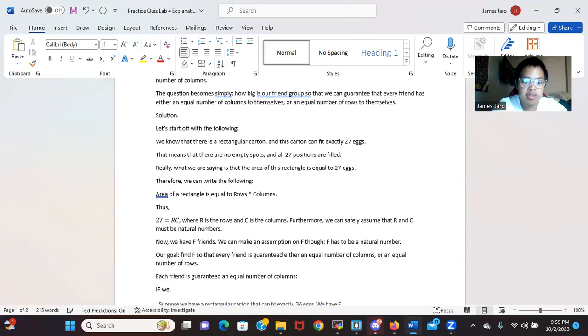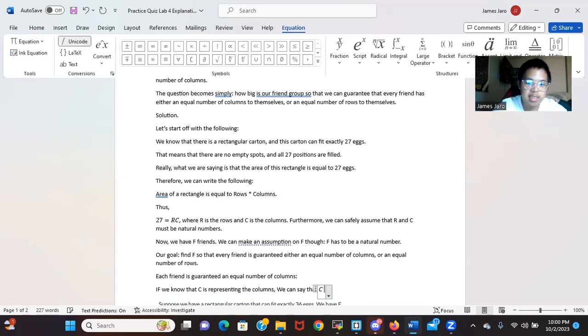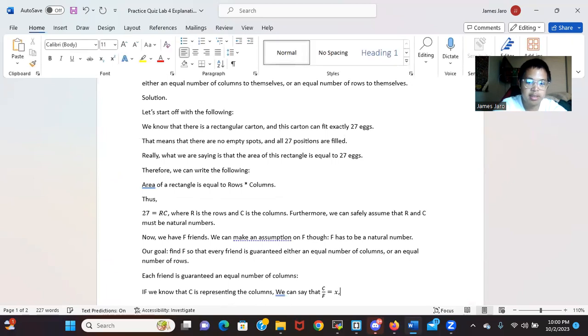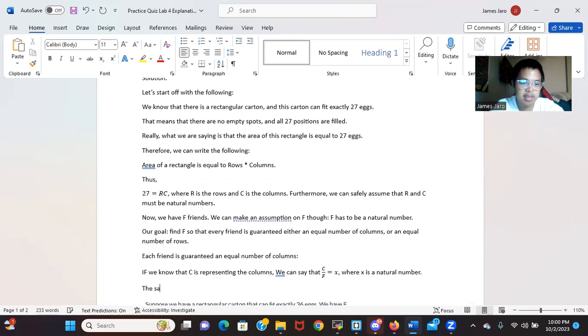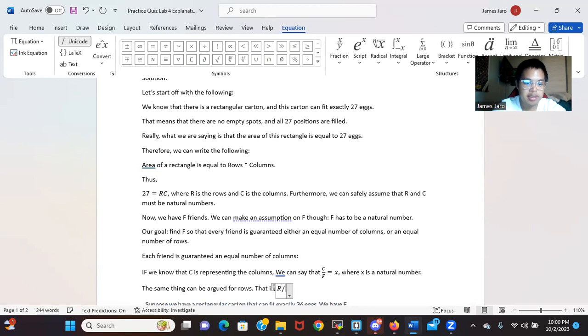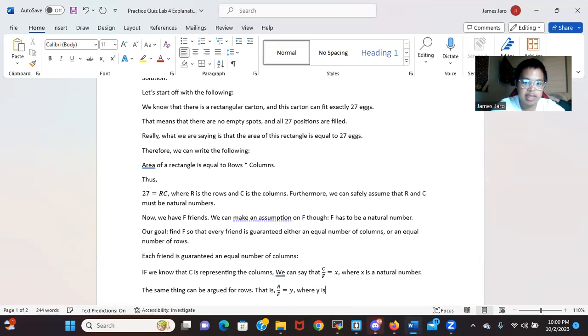Well, if we know that C is representing the columns, what we can say is that C divided by F has to equal some natural number X, where X is a natural number. The same thing can be argued for rows. That is, R over F is equal to, let's say Y, where Y is a natural number.